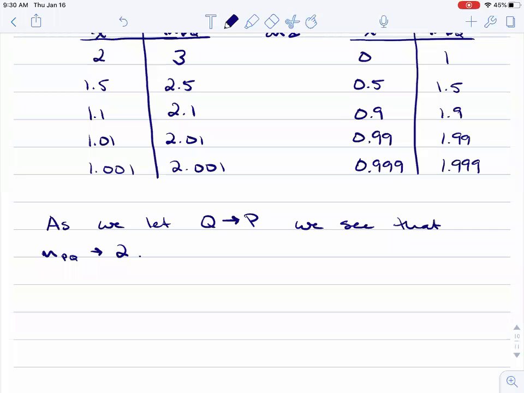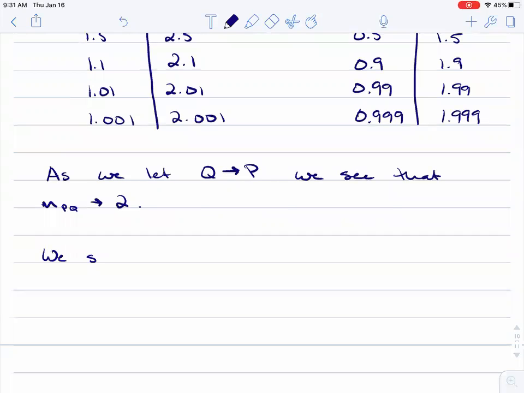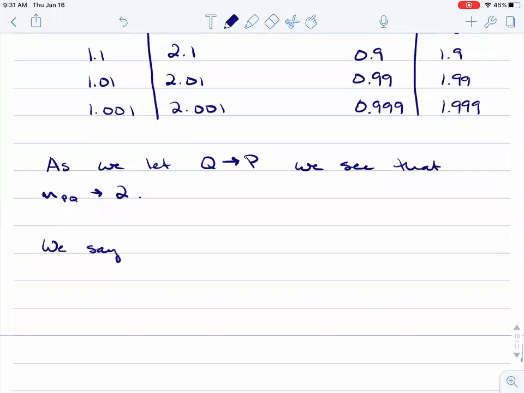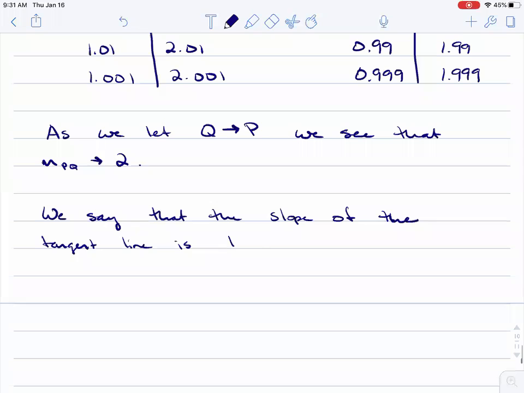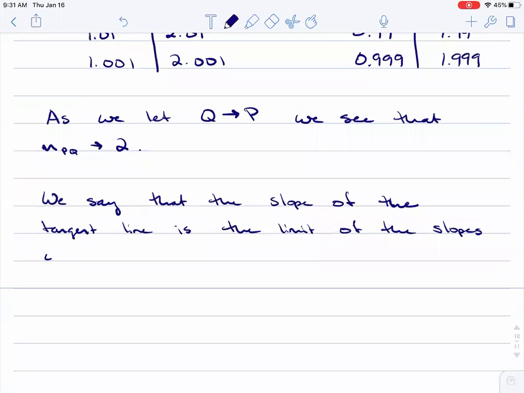So what we're actually saying here is that the slope of the tangent line is the limit of the slope of the secant lines. And so we say that the slope of the tangent line is the limit of the slopes of the secant lines.